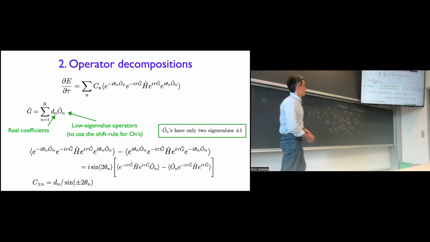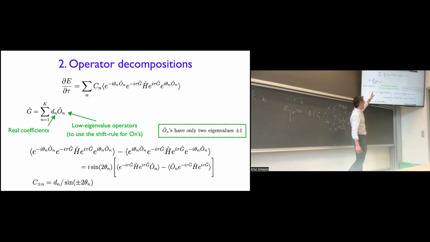How does this work? If indeed On has just plus minus 1 eigenvalues, then we can easily show that for the previous expression for the parameter shift rule, we simply take this shifted expression and the same with theta of different sign.